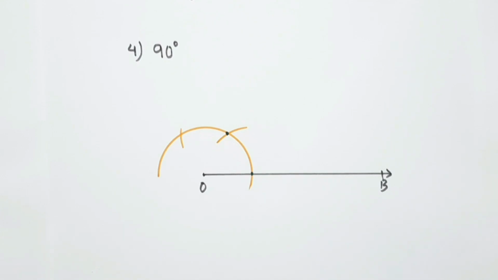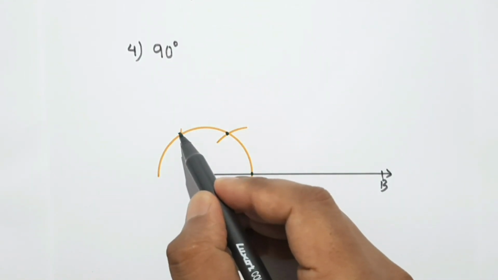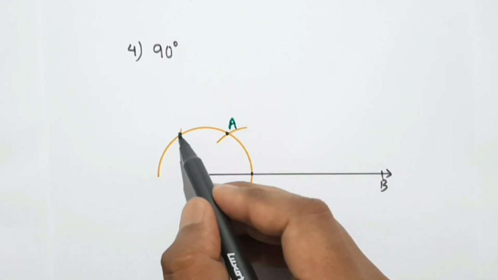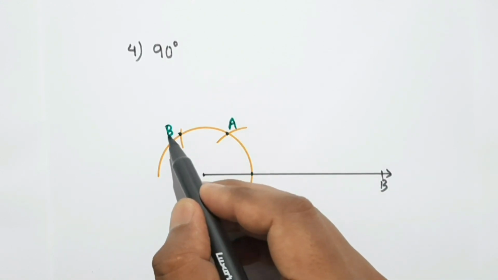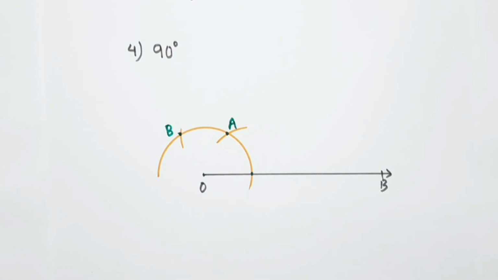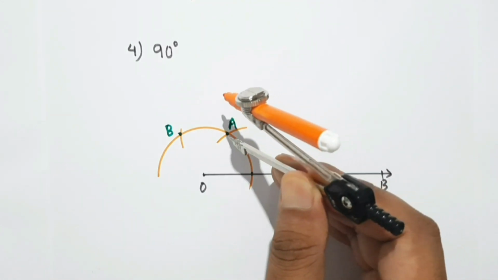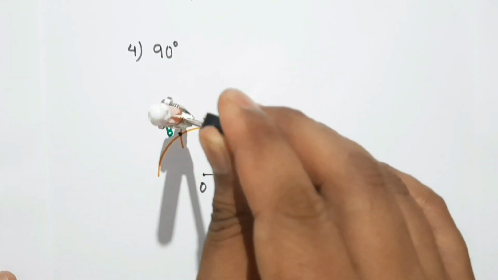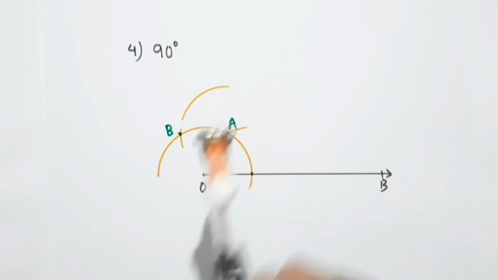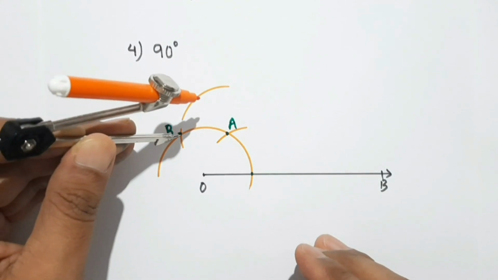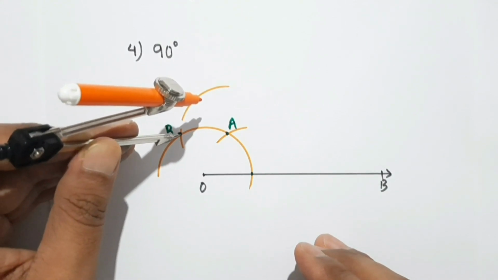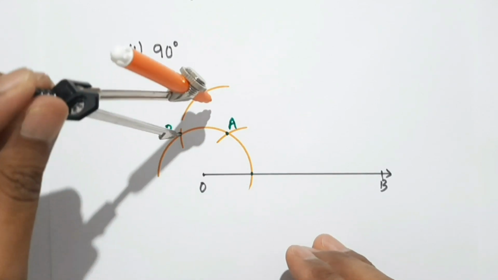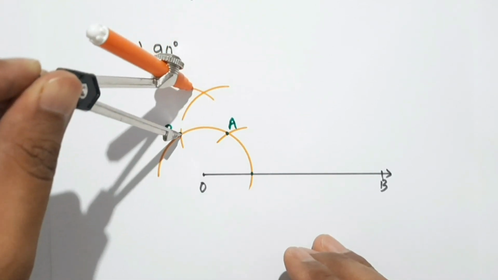Now for 90-degree, I am going to name this point as A and this point as B. First I'll take this point A as a center, and draw one arc here. And again taking B as a center, with the same radius of the compass, we are going to make another arc to cut this arc like this.